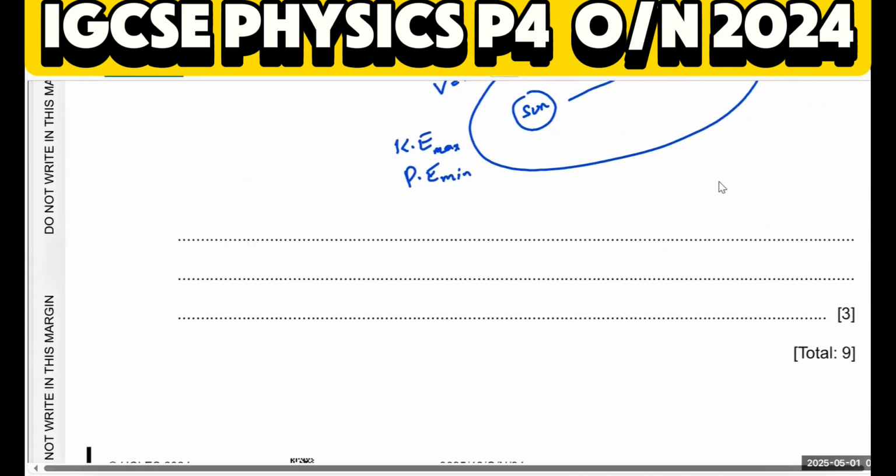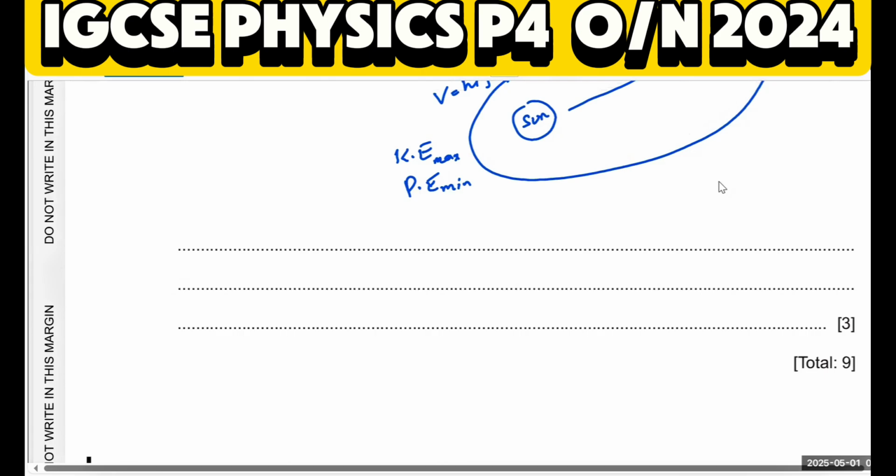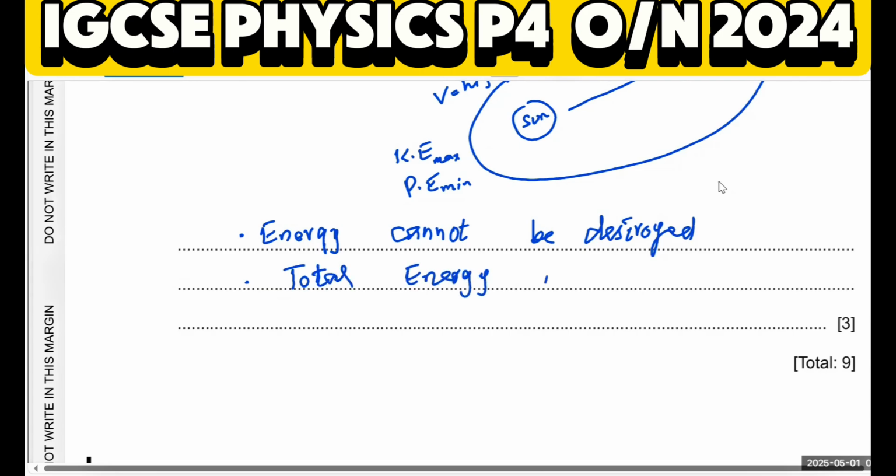So there are 3 marks. What you will write: energy cannot be created or destroyed. Energy is changing from gravitational potential energy to kinetic energy. Total energy is constant, or you can write the amount of total energy is constant.